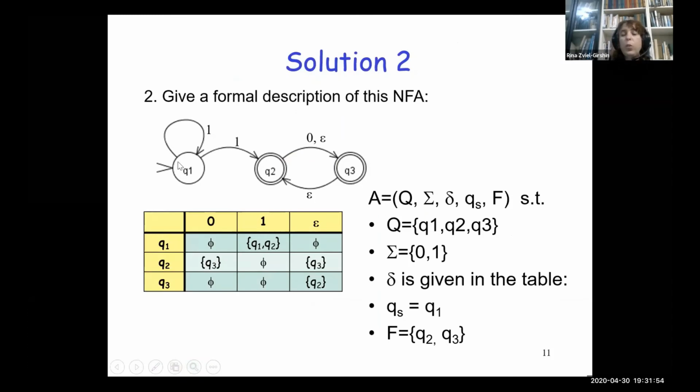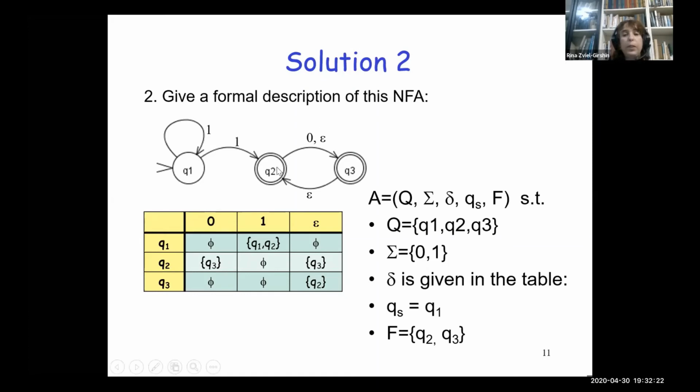So Q1 on 1, I can stay in Q1 or move to Q2. So I define the set {Q1, Q2}. Q1 on epsilon, I have an empty set since there is no definition. Let's see Q2. Q2 on 0, I can move to Q3, the set {Q3}. Q2 on 1 is not defined, so it's an empty set.